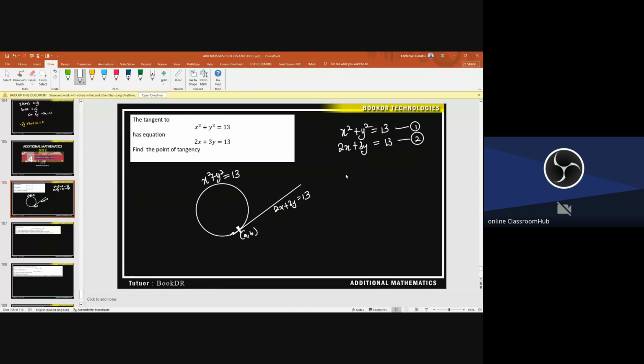So what we will do is to make a variable the subject in one of the equations, but it is better you make one of the variables the subject in equation 2. If we make one of the variables the subject in equation 1, the expression will look more cumbersome to handle.